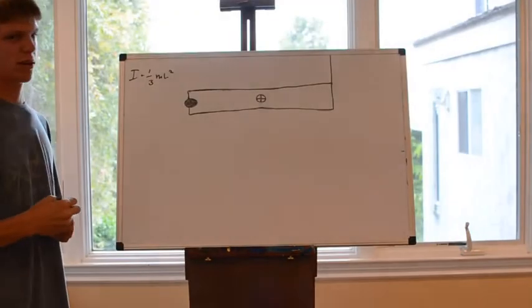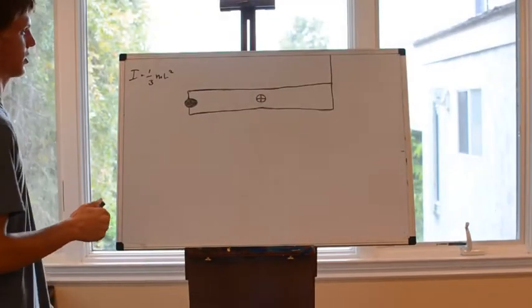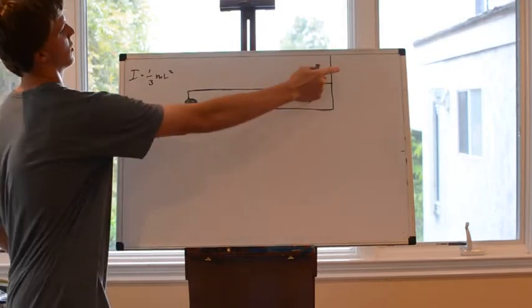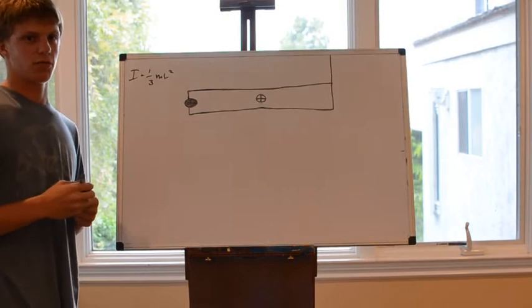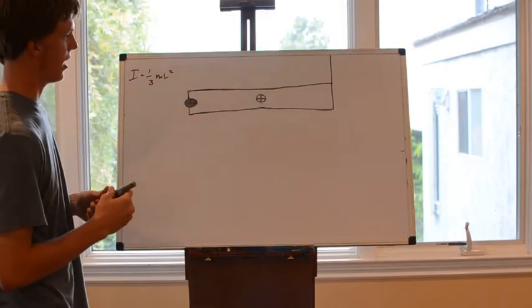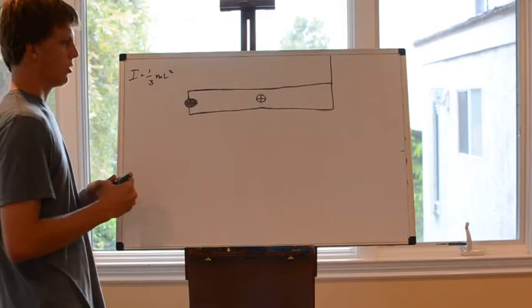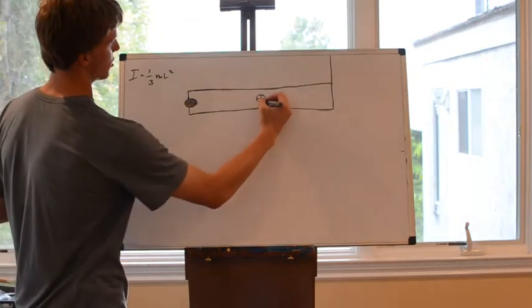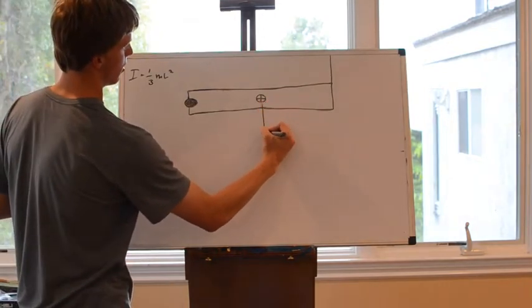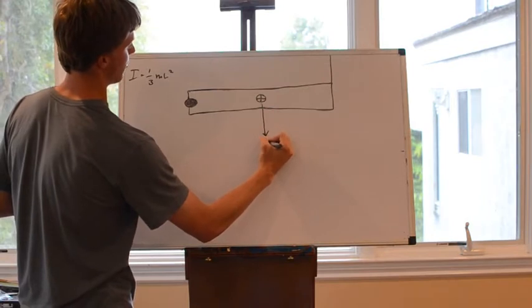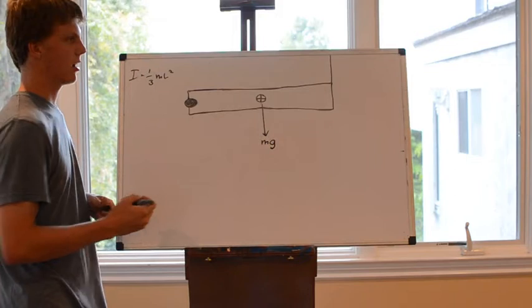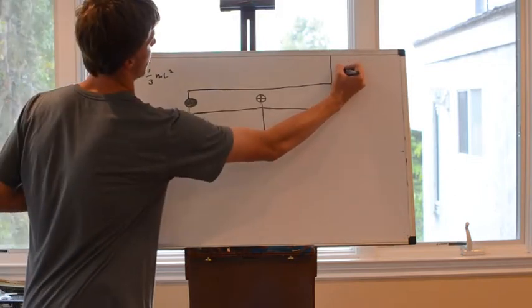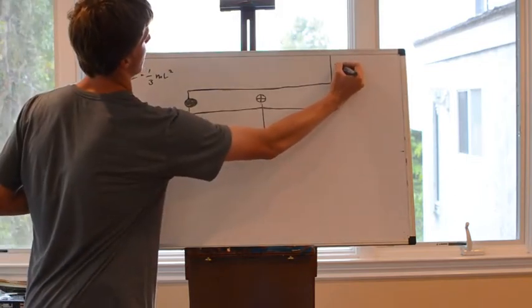Alright, so now we're going to solve the second part of our problem, which is finding the tension in the rope that is holding the rod up. First we're going to use a free body diagram, and this will help us determine the rest of the problem. We'll start with mass and gravity down through the center, and then up to the right we have our tension up, and this is the point of application on this side.